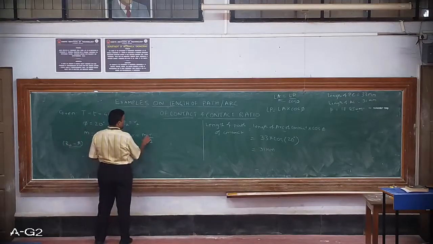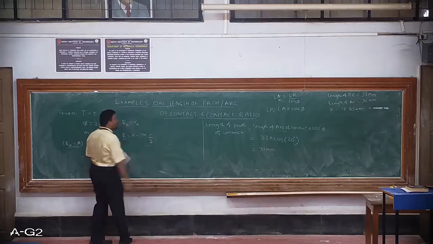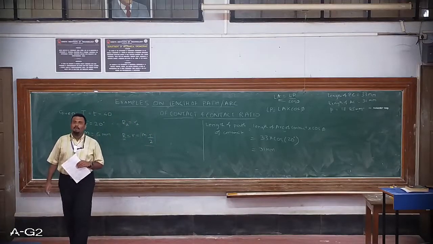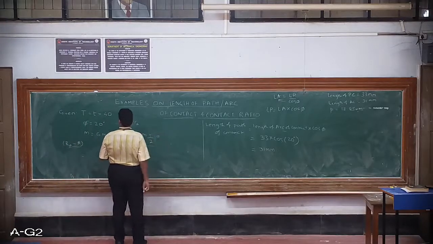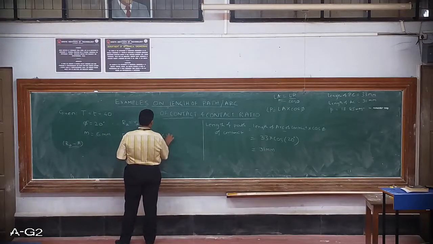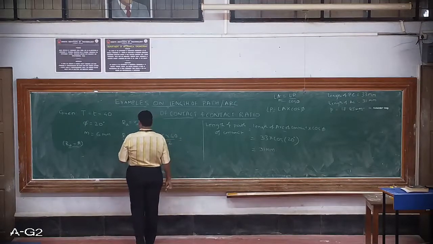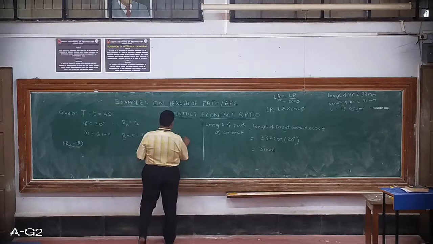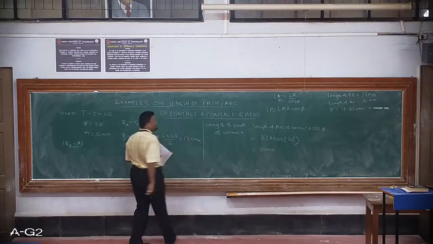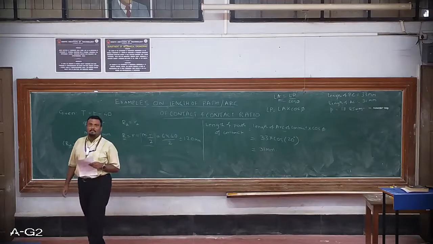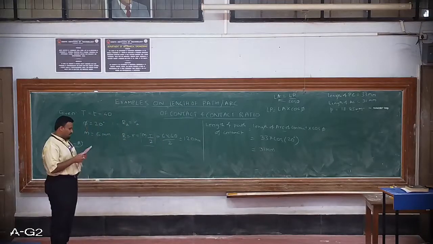This pitch circle is given by module into half the number of teeth. So here module is 6 into number of teeth 40 divided by 2. So we get capital R is equal to small r as 120 mm. Now this is the pitch circle radius.